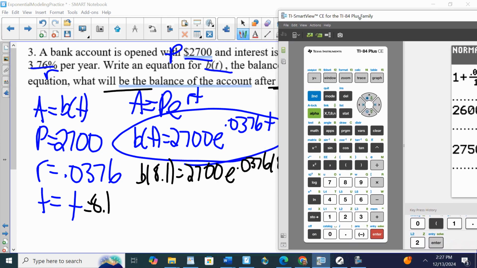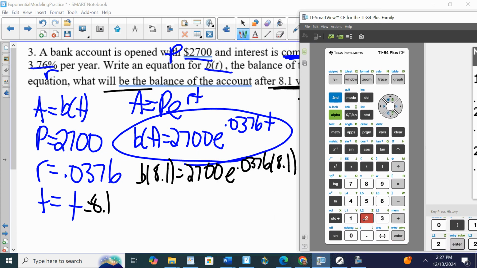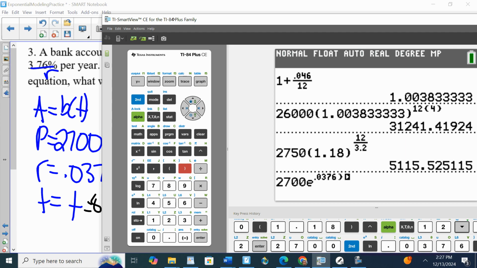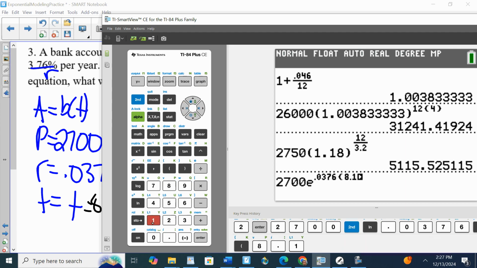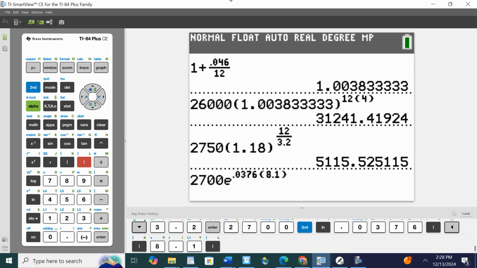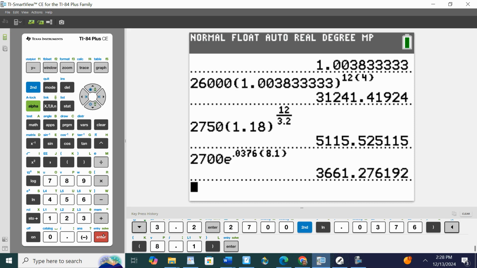I've got 2,700, second ln for E, 0.0376 times 8.1. Just making sure I typed that in right. I think I did. Enter. We're talking money here. 2 decimal places, 3661.28.